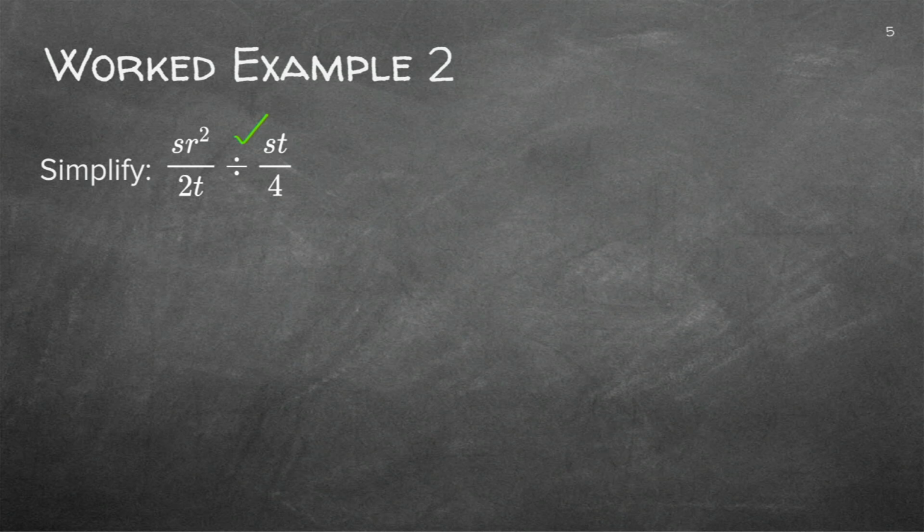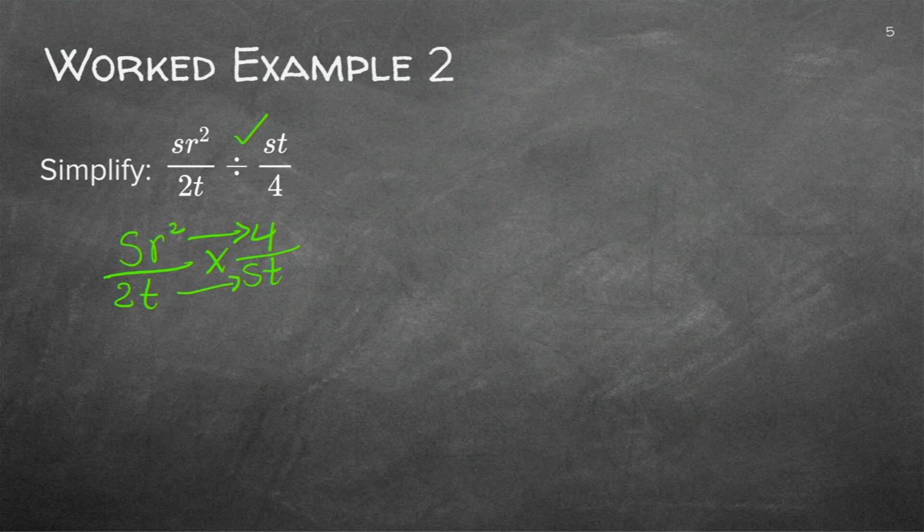So this is going to be sr squared divided by 2t times 4 divided by st. Okay, so what we did there, we invert and multiply. Now we are going to directly multiply the numerators and also directly multiply the denominators.